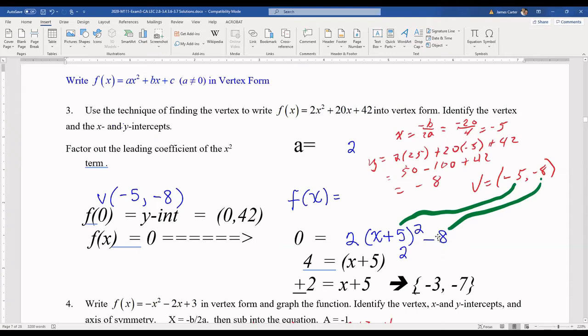To find the x-intercept, we can replace y with 0 and solve this thing. So take the 8 on the other side, divide both sides by 2, and we get 4 equals (x plus 5) squared.